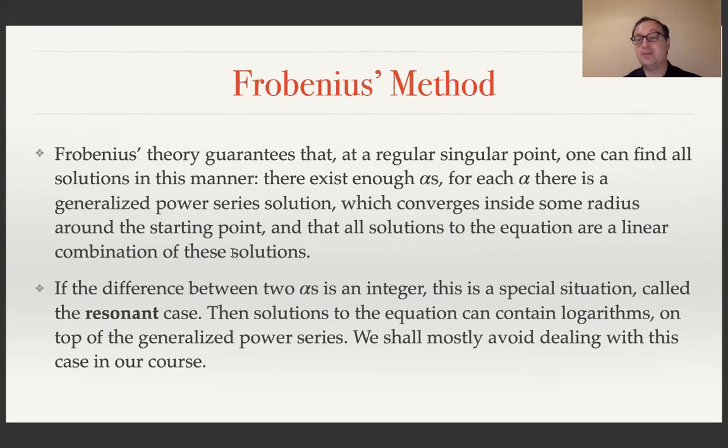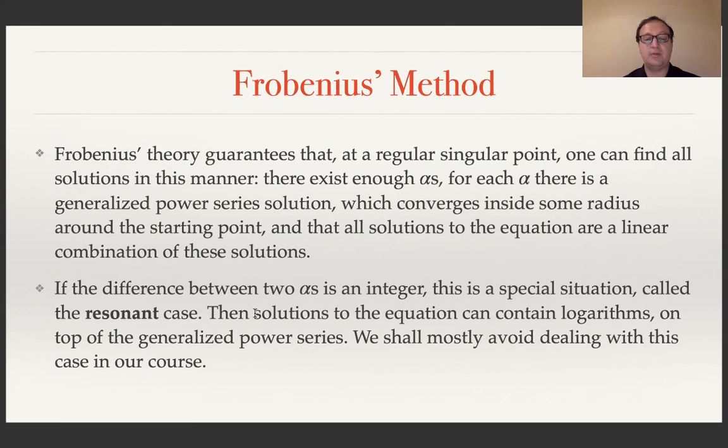There is an extra possible complication. If the difference between two of these alpha values is an integer, then this is a special situation called the resonant case. Then some of the solutions to the equation can contain logarithms on top of a generalized power series.